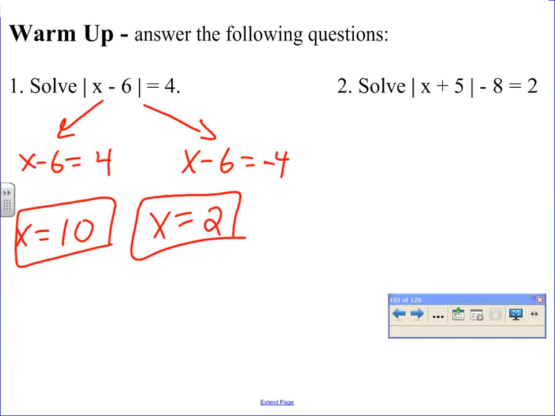Okay, the second one. Before you split it up, what's the very first thing we need to do? Maddie, very first thing. Good. We need to get it into the form ax plus b in the absolute value symbol equals c. So we have absolute value of x plus 5 equals 10. Okay, once you have in that form, Eric, what do we do?